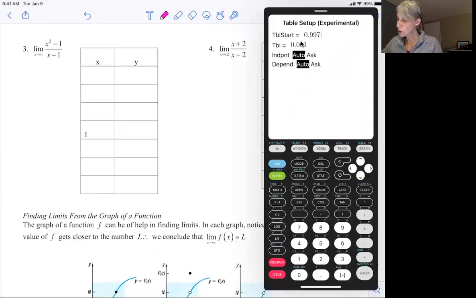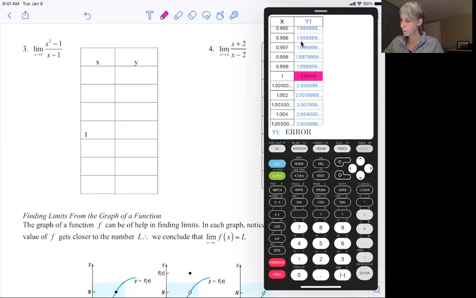Again, we're going to set our table. We're focusing on 1. So our x values that we're plugging in, 0.997, 0.998, 0.999.